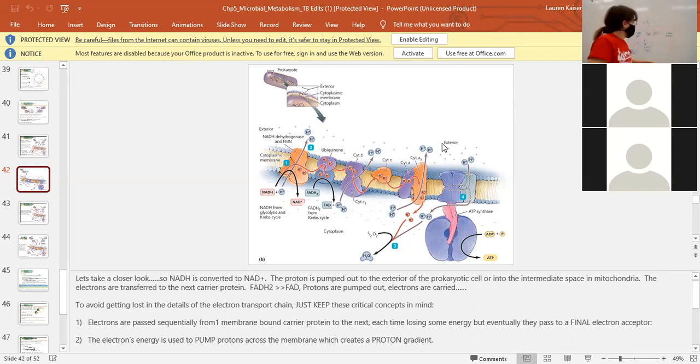Okay. So NADH, FADH2 comes in. They break and give us electrons. They pump out the hydrogen. The electrons keep going and going and going, all across these carrier proteins, and then eventually they join up with oxygen at the end for aerobic respiration.